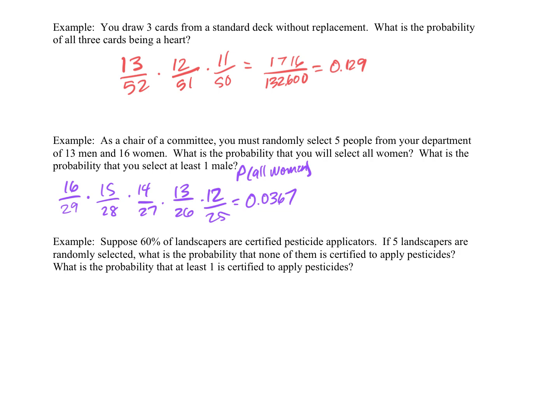So to calculate the probability of at least one man, we could do 1 minus the probability of all women. Does this make sense to you guys? This concept is that at least 1 is the opposite of 0.